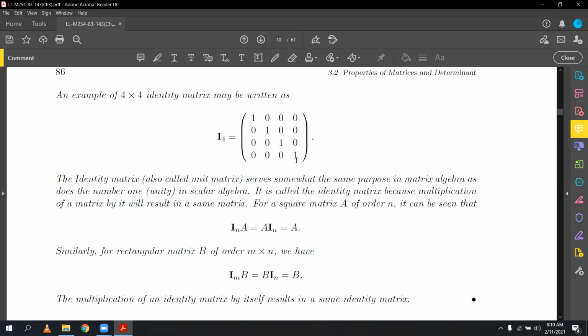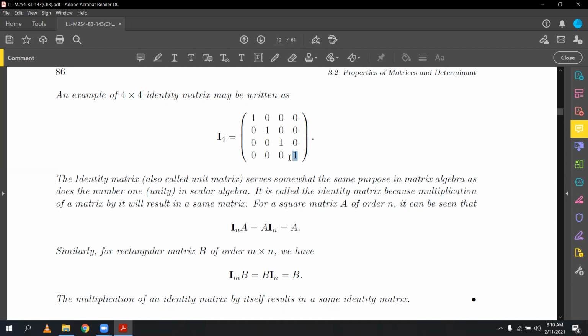Anyone? For example, this is 0. Zero matrix. Here we have 1, 1, 1. Only this is 0. If we have any element in the diagonal, not all.